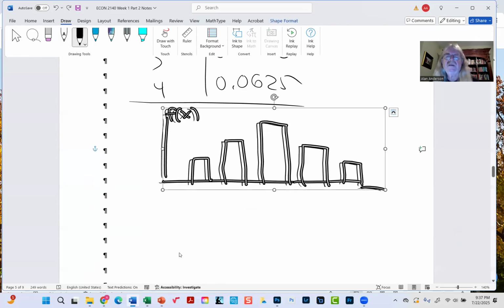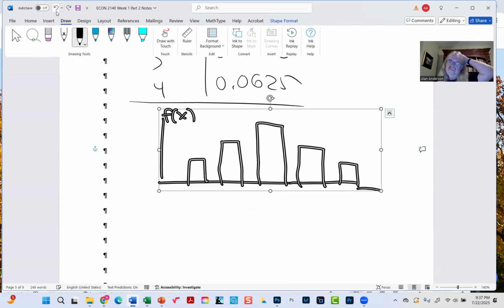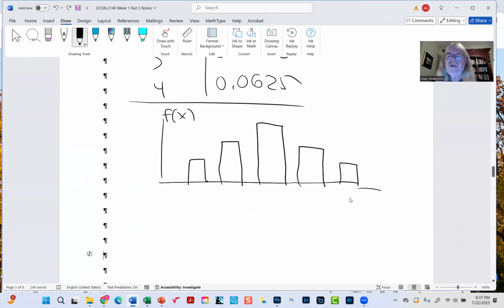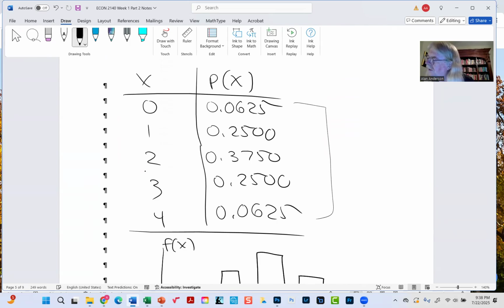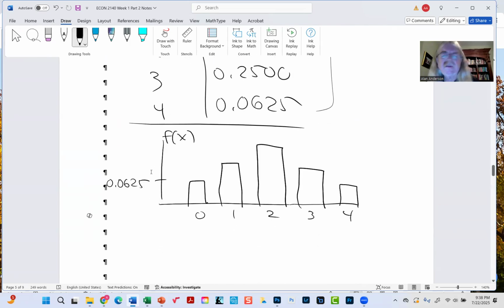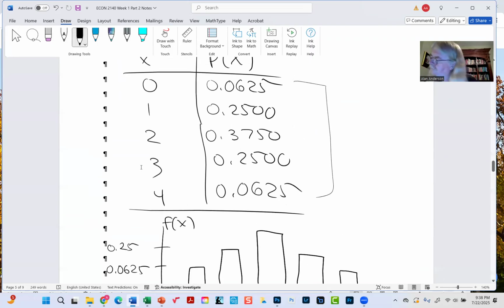These are the values 0 through 4, and these are 0.0625, which applies to both 0 and 4. You notice how 0 and 4 are exactly the same. And then 1 and 3 are both 0.25. And then in the middle, we have 0.375.